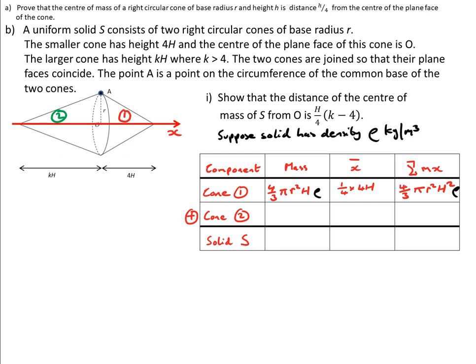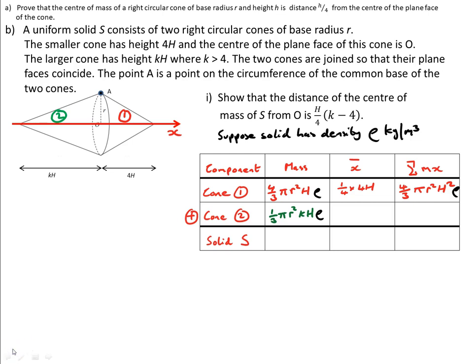For the second cone, which has a radius of r and a height of k times h, the volume is going to be 1/3 times pi r squared times kh, so the mass is going to be 1/3 pi r squared kh rho.